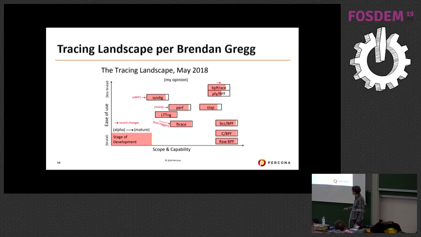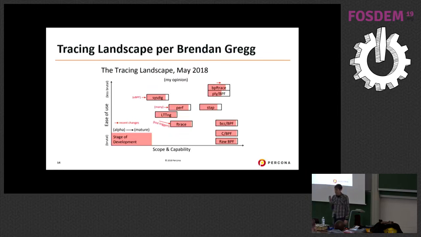You can see that there have been a lot of tools like raw BPF, for example, which was pretty mature, but that's very brutal to use. And it's nice to use the tools in this kind of corner, which are both easy to use, powerful, and mature, right? So eBPF, I think, is now at a very great time in the Linux kernel, where it is very powerful, but at the same time very mature to use.